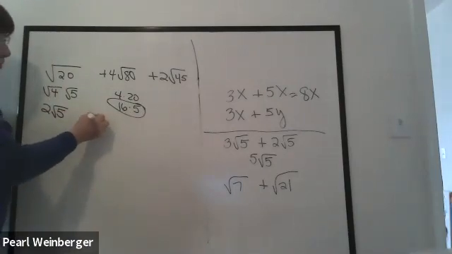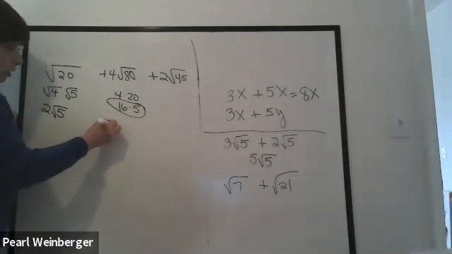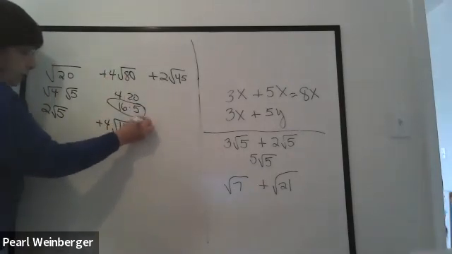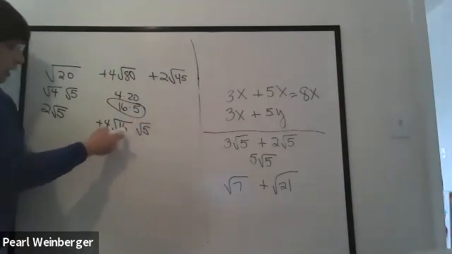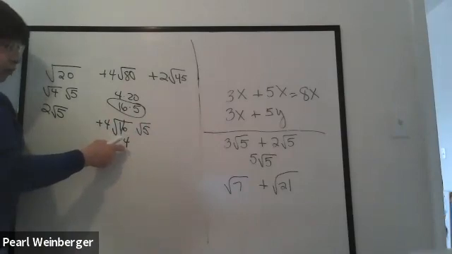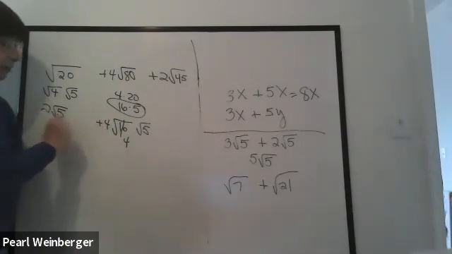So I'm going to do this as plus 4, and I'm going to break this 80 into 16 and 5. And the square root of 16 is 4. So I have this 4 that's now outside the radical. And there was another 4 outside the radical.